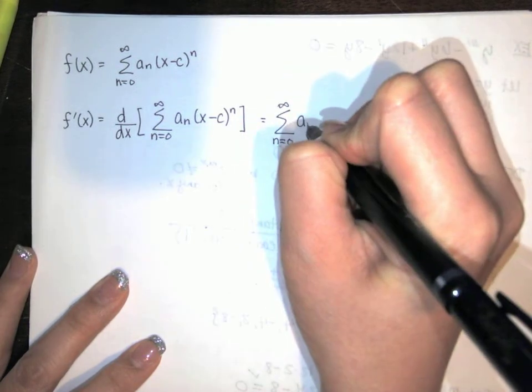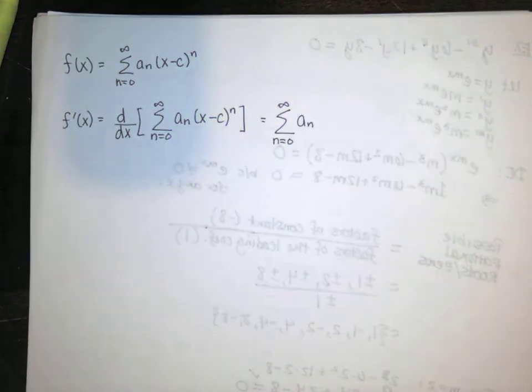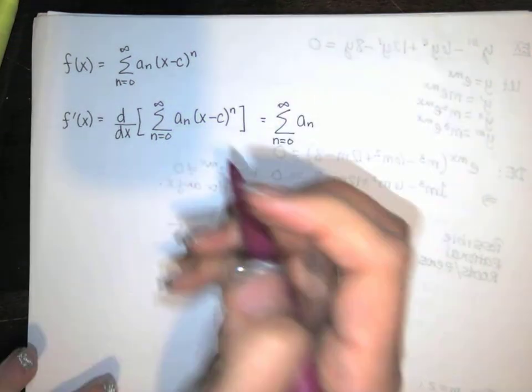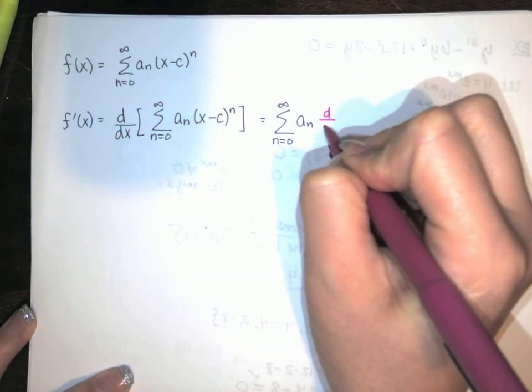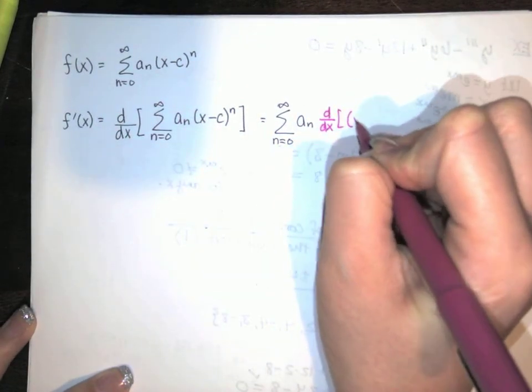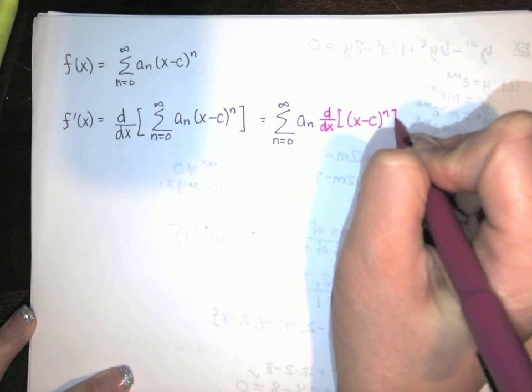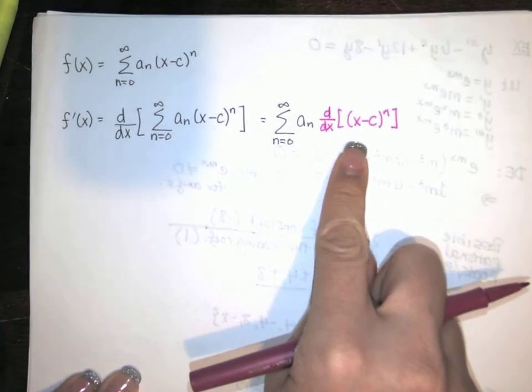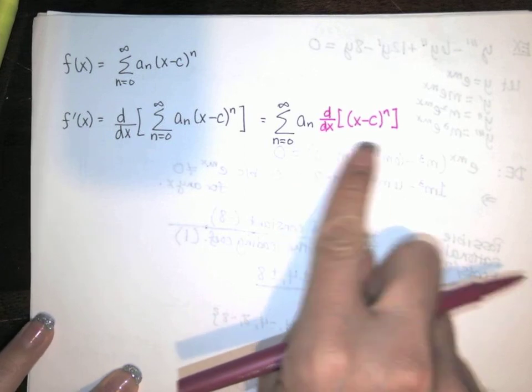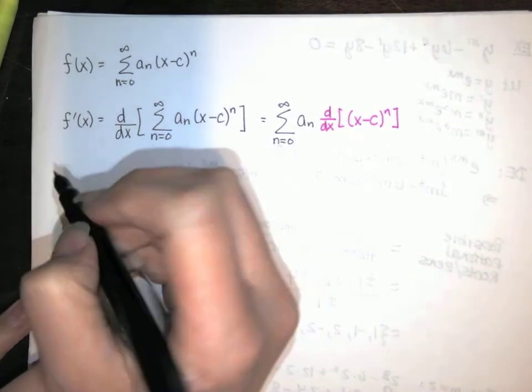You bring out the constant, and the derivative of the sum is the sum of the derivatives, so you bring the derivative operator inside. And then you just take, whoops, lost the cap to my marker. You just take the derivative of that using the power rule.